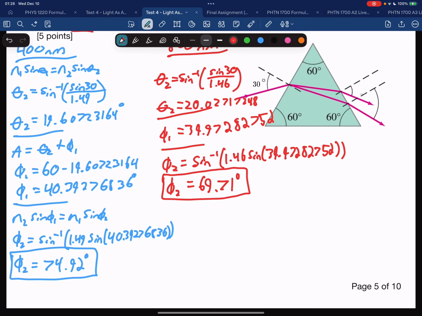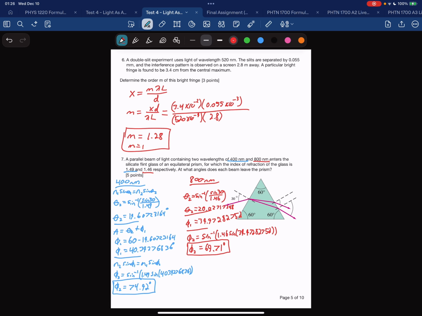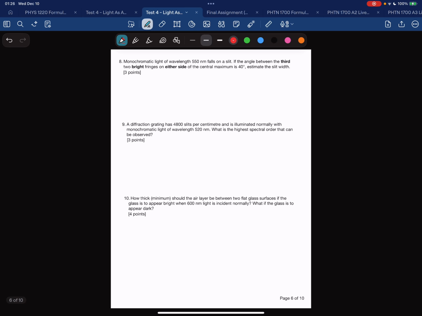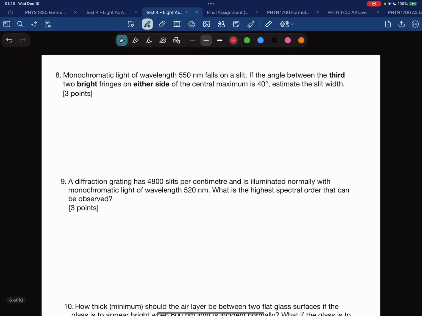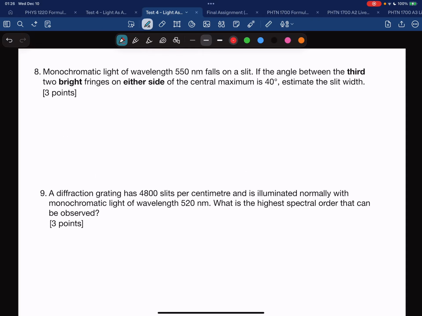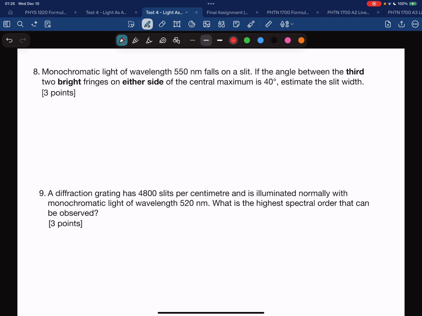Okay, so that was everything for questions 6 and 7. Question 8. Monochromatic light of wavelength 550 nanometers falls on a slit. If the angle between the third two bright fringes on either side of the central maximum is 40 degrees, estimate the slit width.